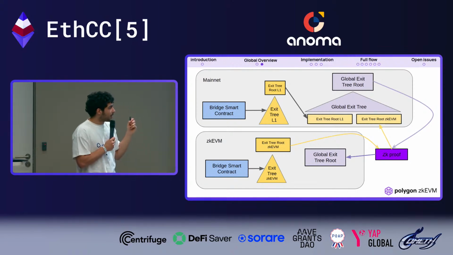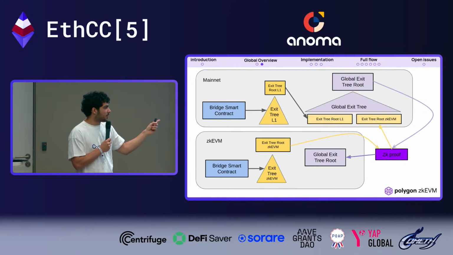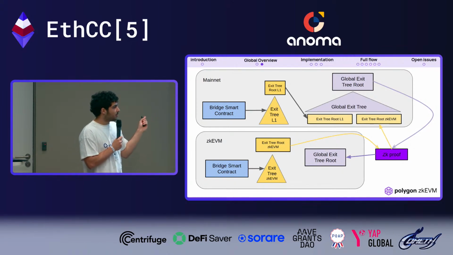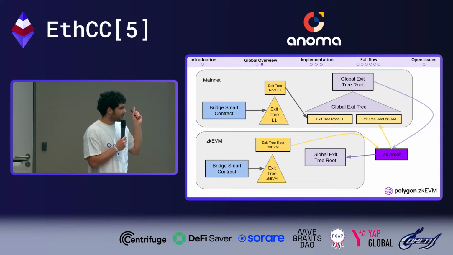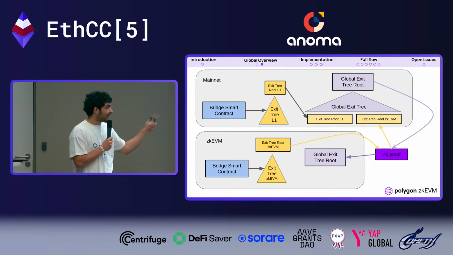Then the zero knowledge proof or the circuit should be able to make available this global exit tree root that is on mainnet in the zkEVM. This is basically what the circuit will do, and it computes all the transactions and so on. So in the zkEVM, we will have the availability of the global exit tree root and therefore claim the assets that came from mainnet.